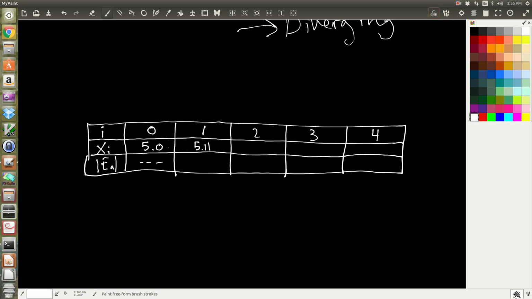Now we can take the absolute value of the difference between these two and calculate an approximate error of 0.11. And then what if the next value was 5.18, and then 5.26, and then 5.35.